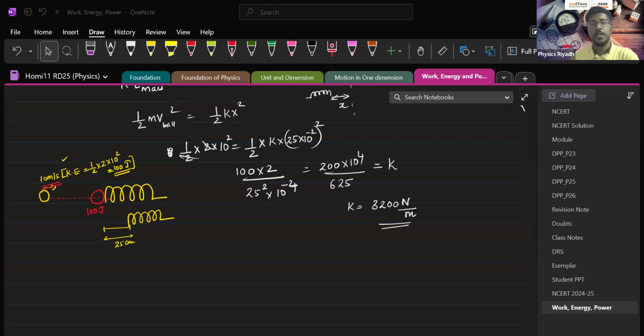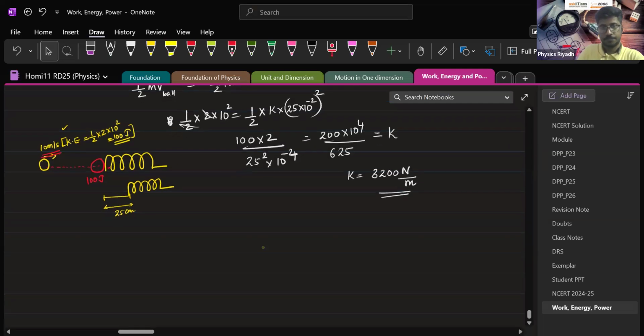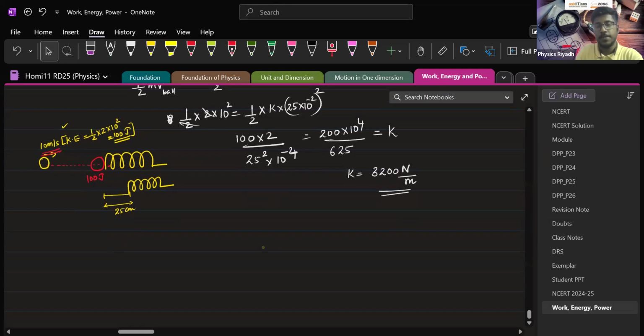Okay, write the heading. Potential energy of an elastic stretched spring. How do we calculate? By using the graphical method.